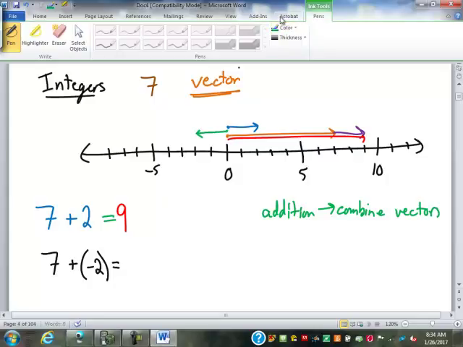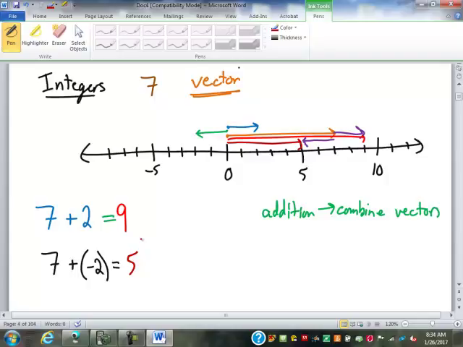If I now take that vector, and I'm going to redraw it here so I can move it and leave a shadow, and I combine that with my vector for 7, that's going to come up here like that. And see, now it ends up at 5. 7 plus negative 2 is 5. So the vectors show us exactly what has to happen.